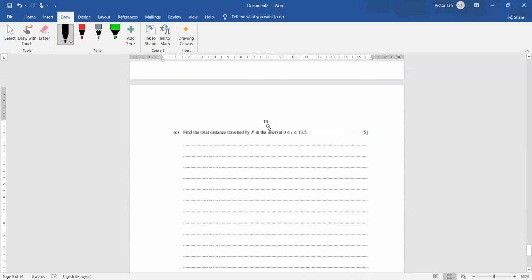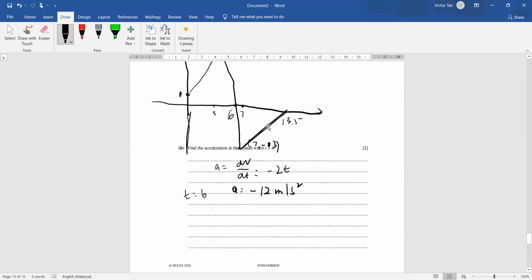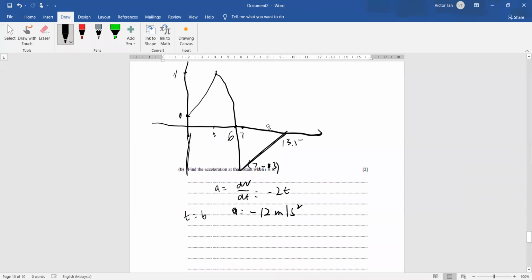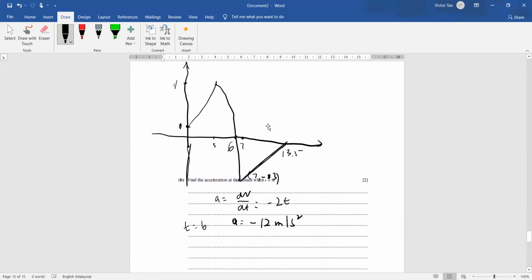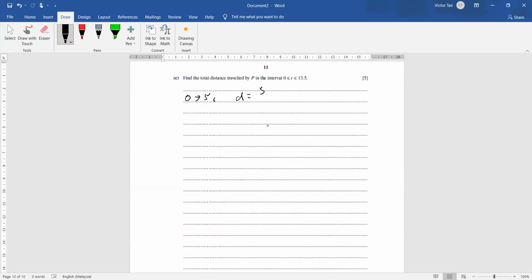So from 0 to 5 seconds, the distance is a trapezium. 1 and 11, 5 over 2 times 1 plus 11 equals 30 meters. So from 5 to 6 seconds, you have to integrate.